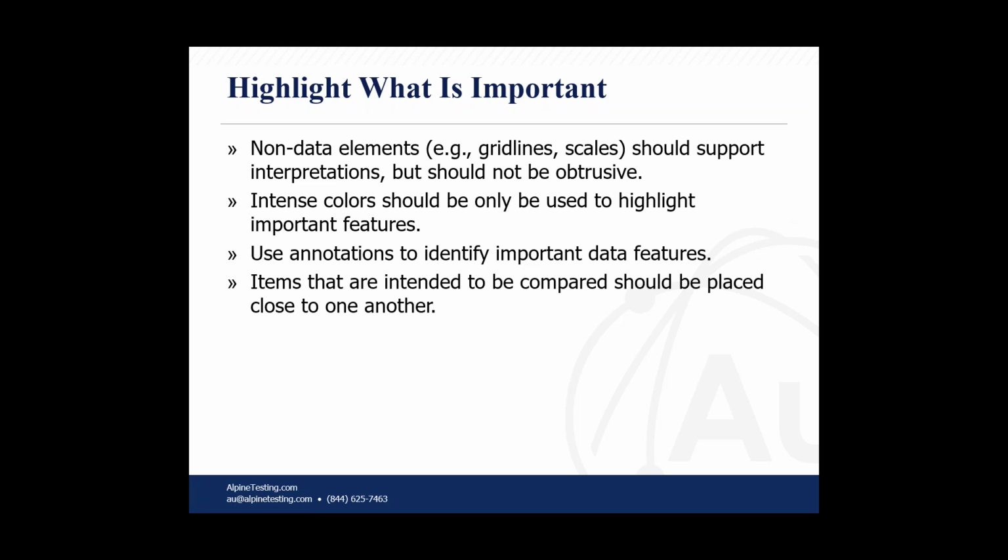We want to reserve those intense, vivid colors for areas that need to be highlighted. We should use bright colors only for areas that need to be highlighted, annotate important features, and if you want 2 things to be compared in a graph, or 2 graphs, they should be placed close together.